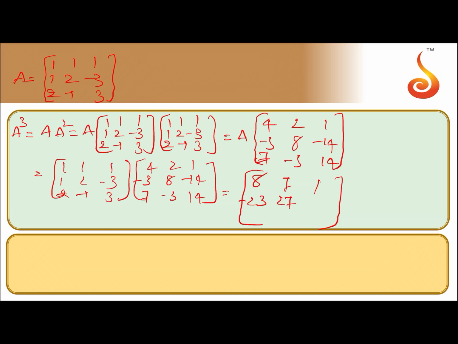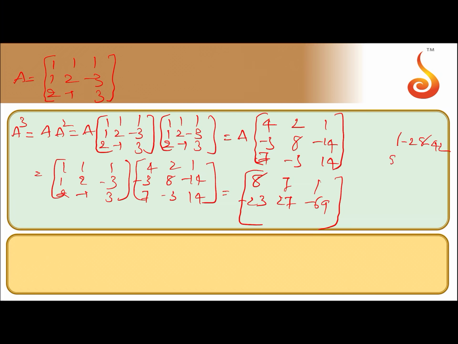So 1 minus 28, 27 minus 42, so 1 minus 28 minus 42. So this is, I think, 69, minus 69.